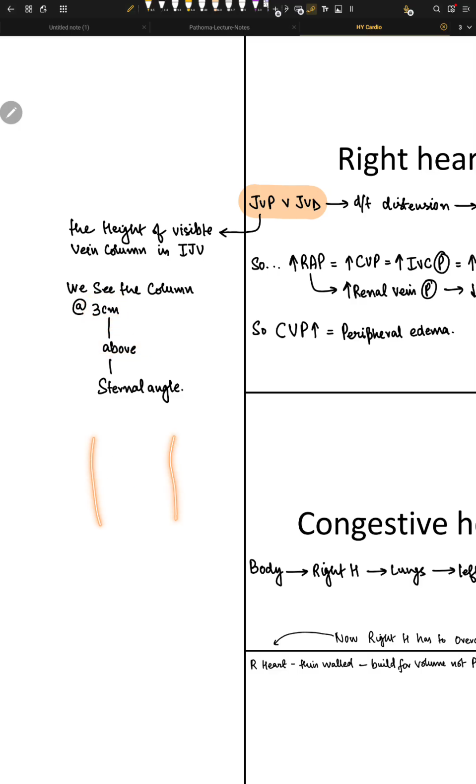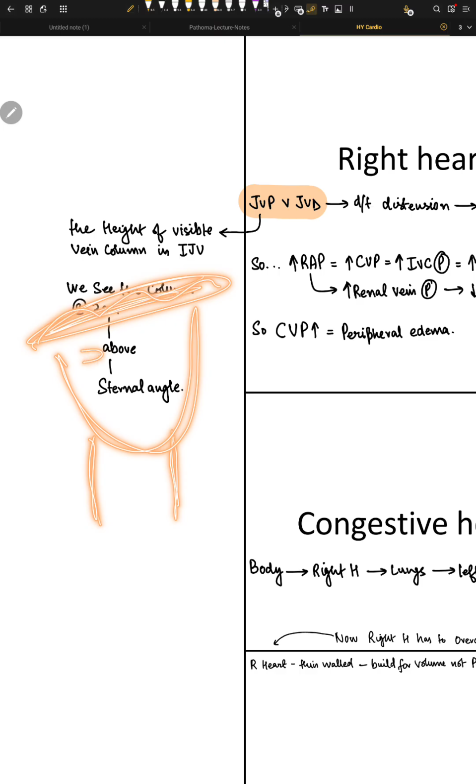So I make this neck, this is my head, my hair, my eyes, and this is my sternum. So 3 centimeters, 1 2 3, about here we'll see this column of blood.